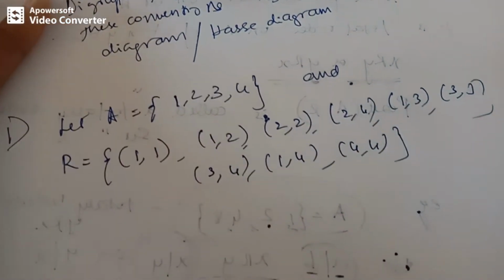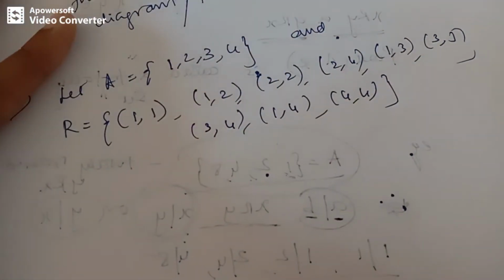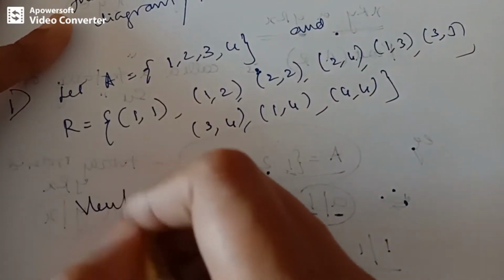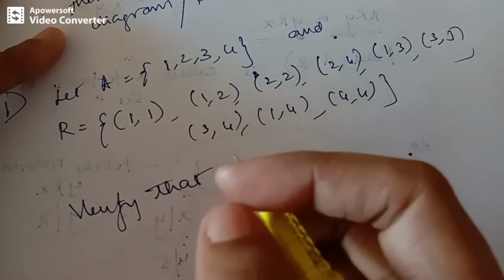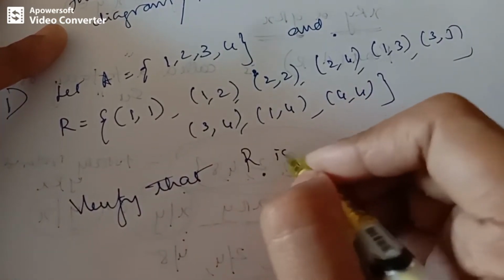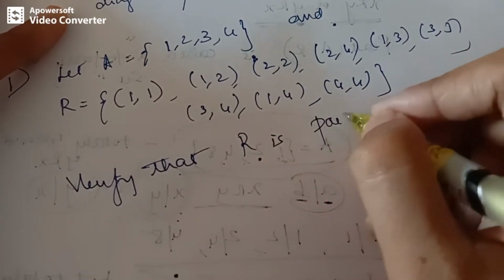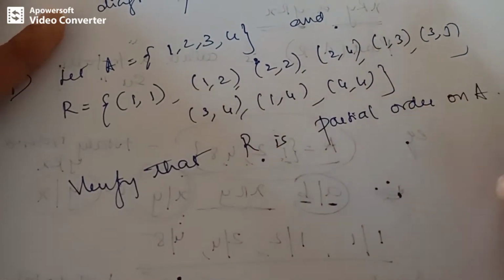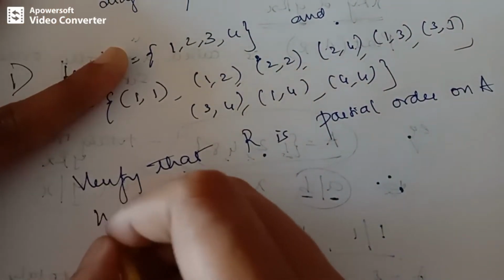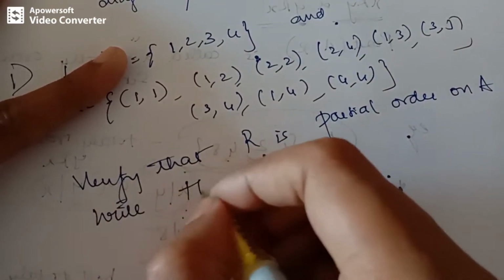These are the ordered pairs in the relation. You have been asked to verify that the relation R is a partial order on set A, and you are supposed to write the Hasse diagram.